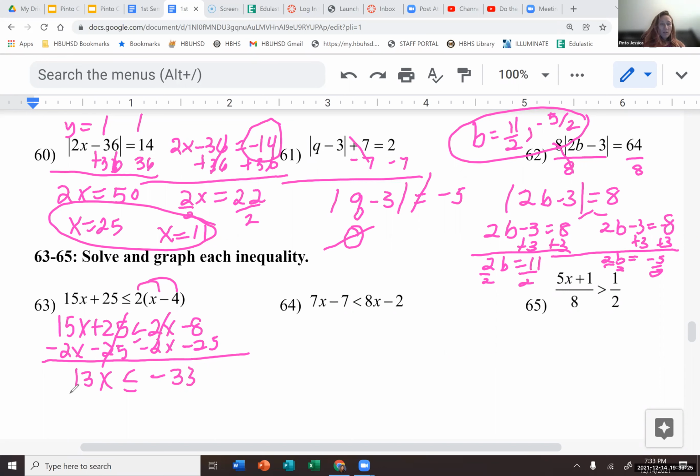Yep. So now I divide by 13 and I get this fraction answer. X is less than or equal to negative 33 over 13, which is just a decimal. If I was going to graph that, I would use a closed circle at that decimal value, and it would go towards negative infinity.